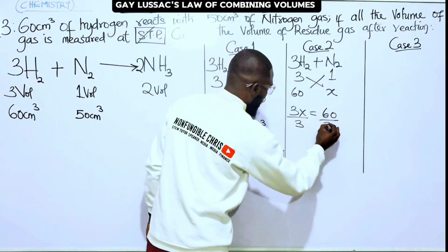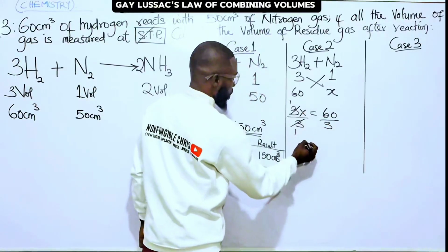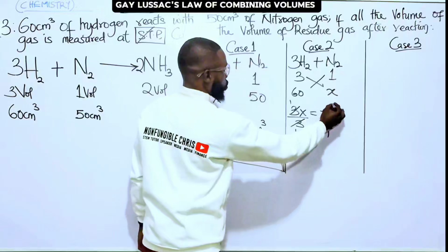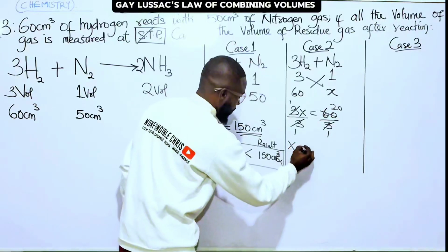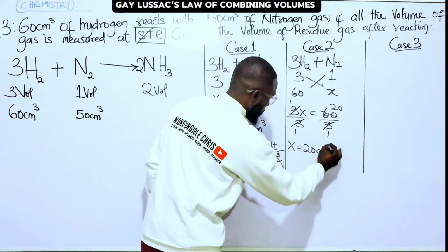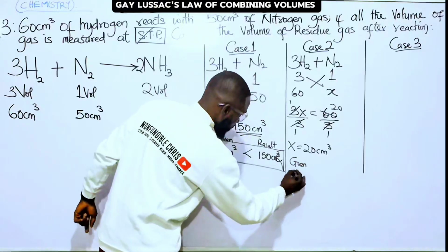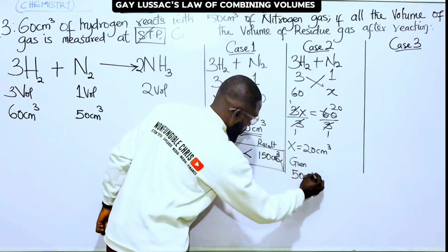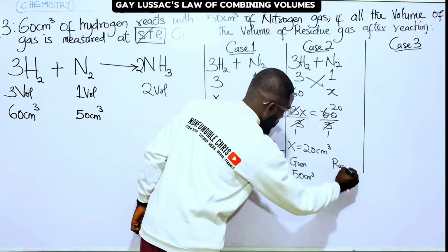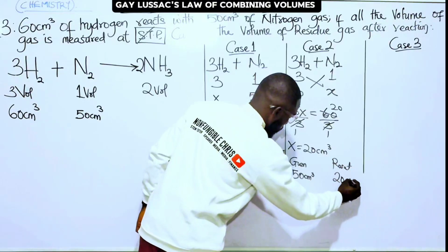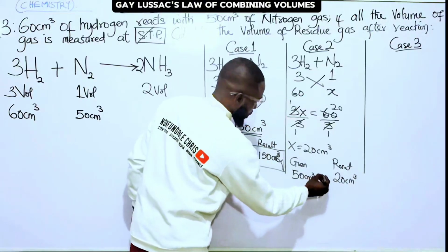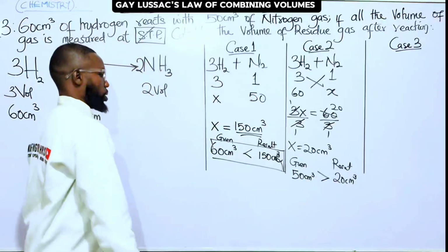Dividing both sides by 3, we have 20. Our value of x here is 20 cm³. Our given was 50 cm³, and our result was 20 cm³. We can use this, because the given is greater.